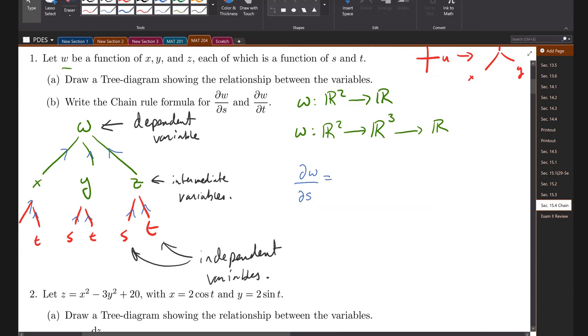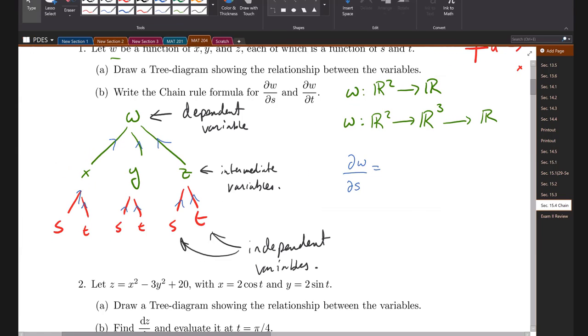If I'm going 20 miles an hour on a river that's going 10 miles an hour, what is my net rate of change? 30 miles an hour. What did I do? I added them up. Keep that in mind because that's what we have to do here. So I'm going to backwards trace all of the different ways I can get from W back to S. For example, there's one path, and there's another path. And then I'm going to add up all of those different ways.